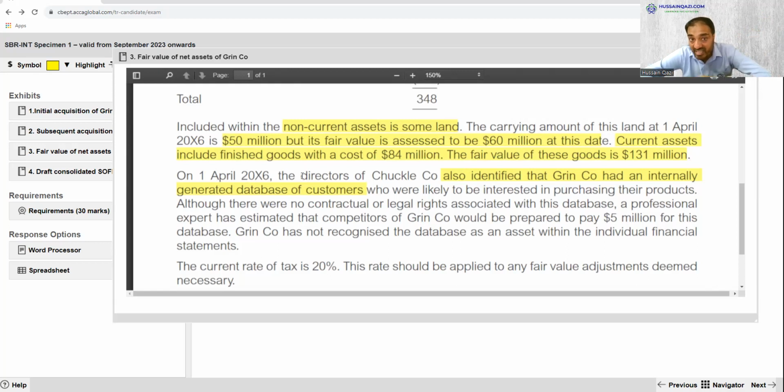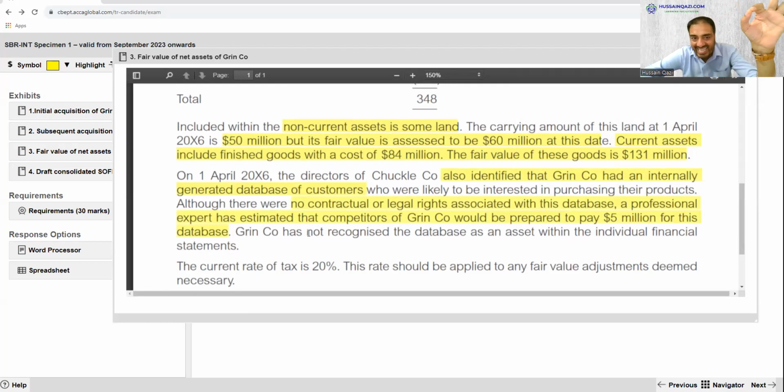Once again, Grin had an internally generated database of customers who were likely to be interested in purchasing their products. Although there were no contractual or legal rights associated with the database, a professional expert estimated that competitors of Grin Company would pay $5 million for this database.